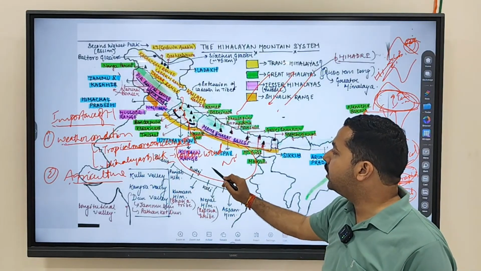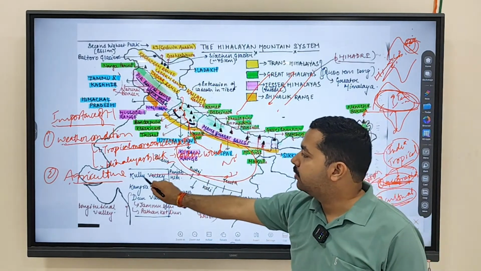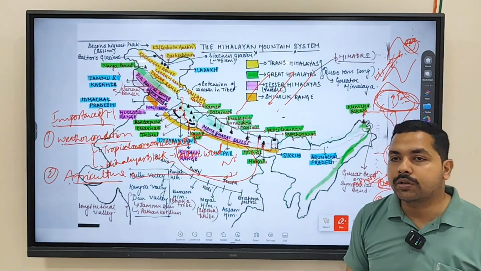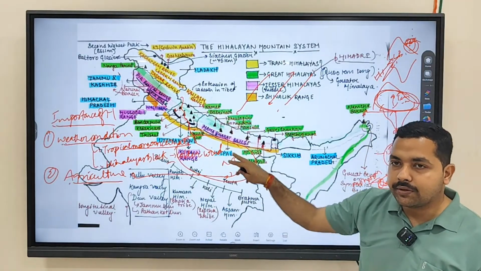So you know that India's planar region cultivates the most food. Which region? UP, Bihar, Bengal, these regions are known for cultivating more food. Why? Because of the fertile sediments brought by the rivers from the Himalayas.